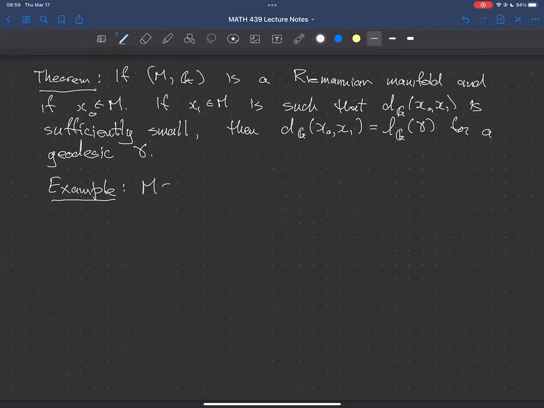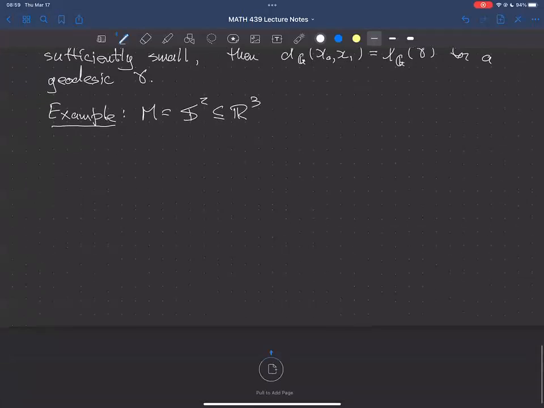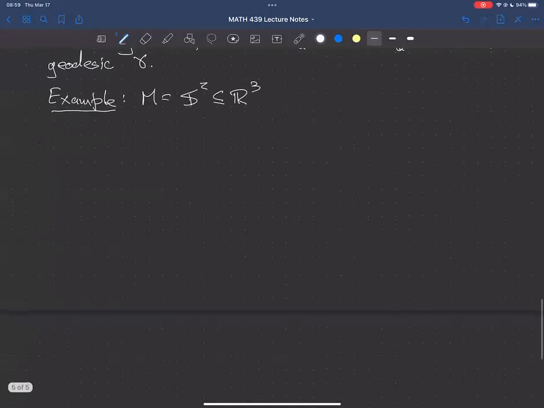Let's take M to be S2, the two-dimensional sphere in R3. This is the set of points unit distance from the origin. The way you draw it usually is something like this.